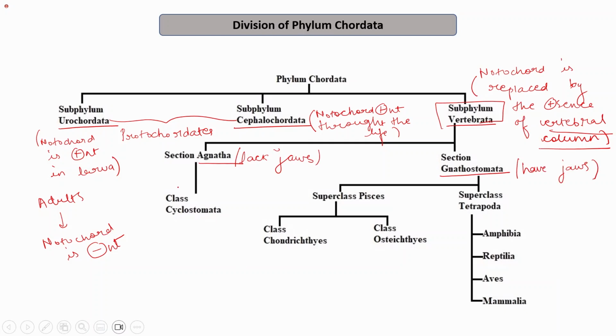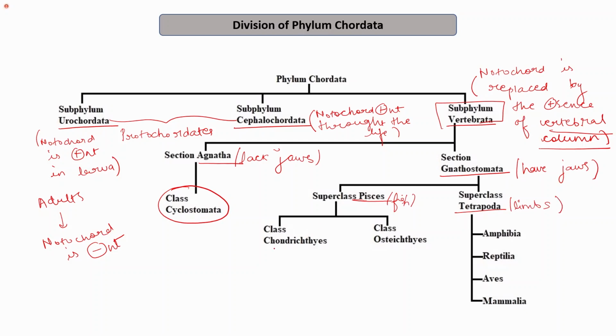Section Agnatha, which lacks jaws, consists of the class Cyclostomata. Section Gnathostomata is further subdivided into two superclasses. The first is the superclass Pisces, that includes the fish, and the second is the superclass Tetrapoda, which have limbs.